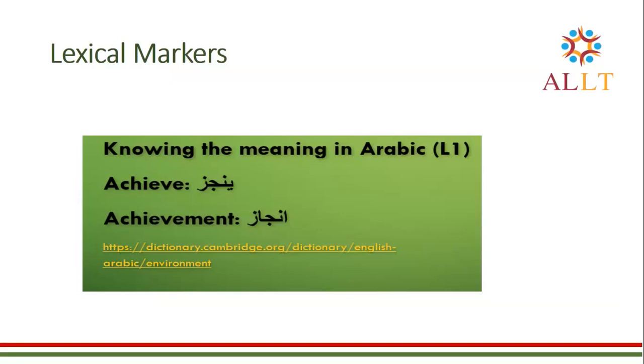As an example, I can draw here the word achieve, which I just taught this semester in one of my vocabulary labs. I realized that students translate or understand the word achieve, which is a verb, as its noun form, which is achievement.